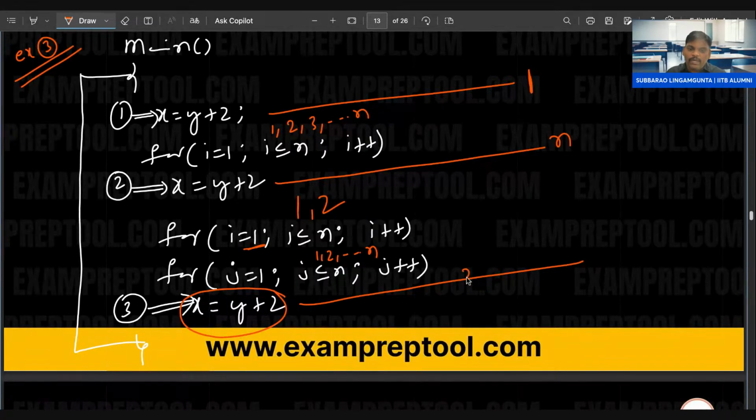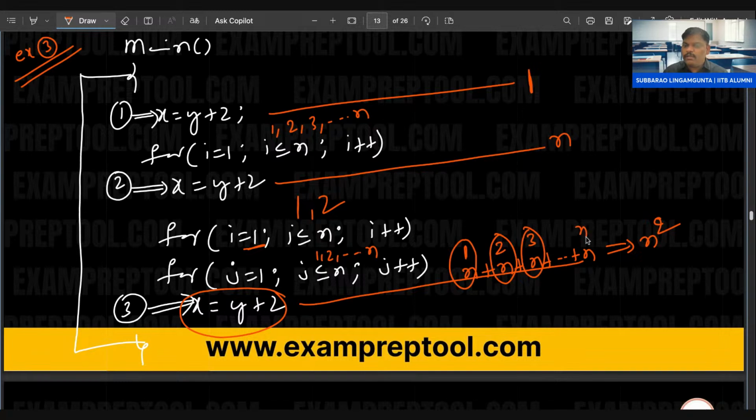So every time n times it is repeating, n times n, which is going to be n square. You may say, how, sir? I value 1, j loop n times. I value 2, j loop n times. I value 3, j loop n times. I value n, j loop n times. n times n, n square.